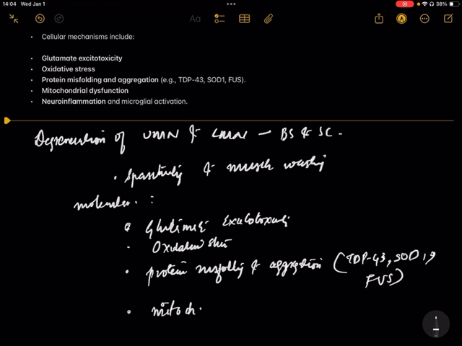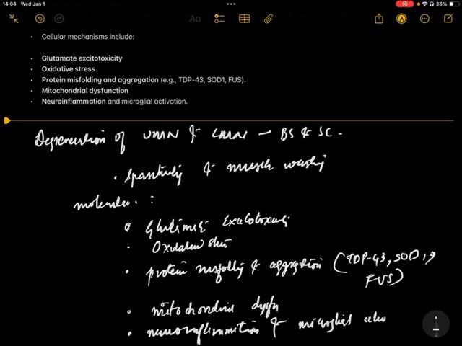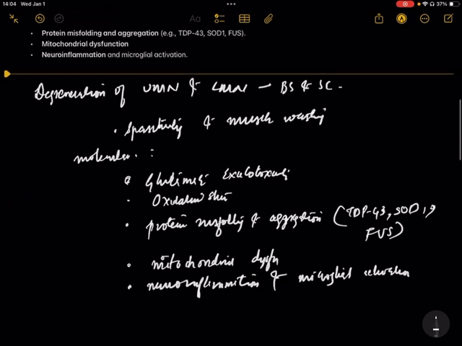Next mechanism is mitochondrial dysfunction, and last one is neuroinflammation and microglial activation. So these are the cellular mechanisms which lead to degeneration of upper motor neurons and lower motor neurons, which in turn is a feature of ALS.